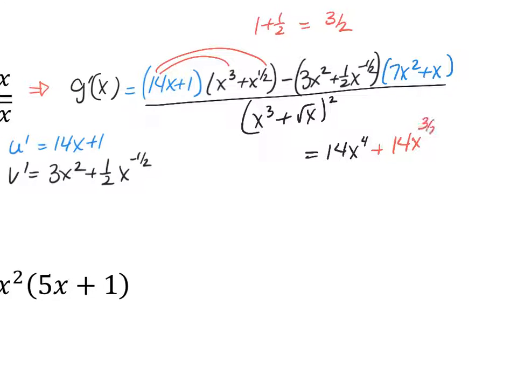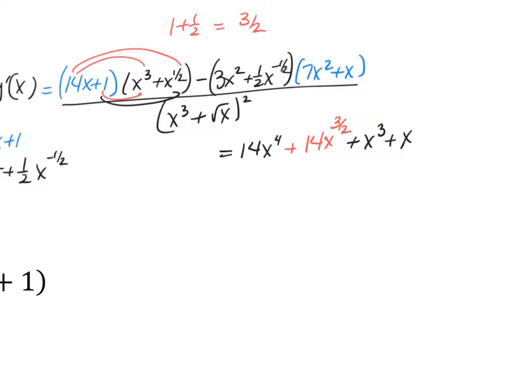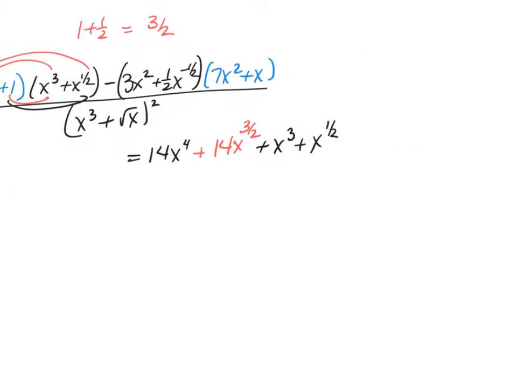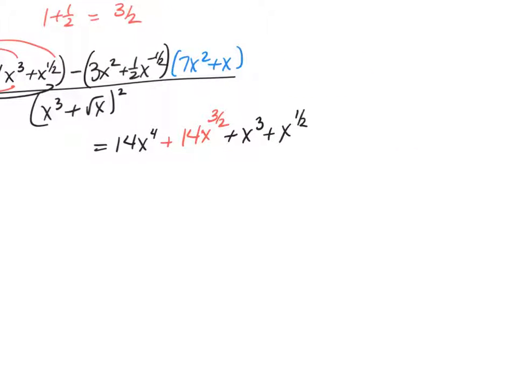So x to the 3 over 2. All right. Now I'm going to do this, so I'm going to get plus x cubed. I'm going to do that one, which gives me plus x to the 1/2. Is there anything I can combine in that first grouping? Unfortunately, no. Then I'm going to keep moving on to the next grouping.